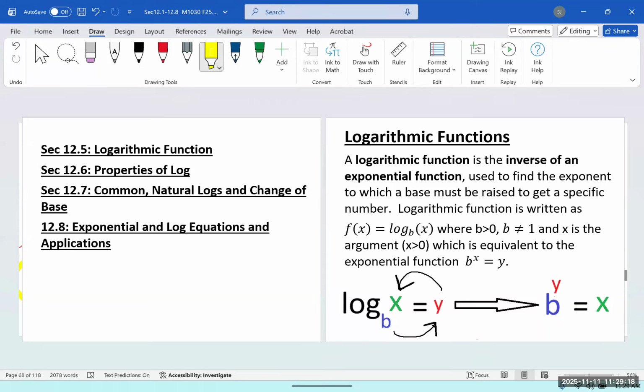You take the base of the log, put the right side of the equal sign as the power, and set it equal to whatever we have inside the log. So b to the power y equals x. This is the exponential form of this logarithmic function. So from log to exponential, exponential to log, we can always move backward and forward. They are two formats of the same function.